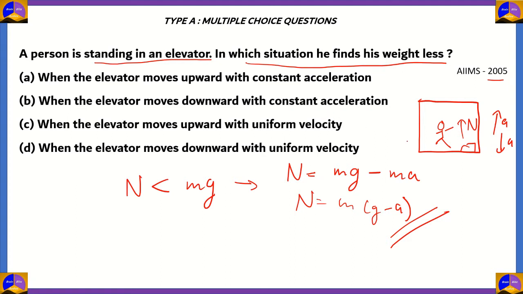So for this to happen, that is n equals m times g minus a, you need to consider the acceleration of lift in the downward direction.